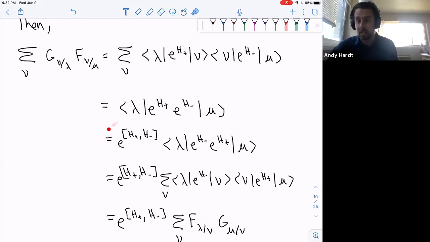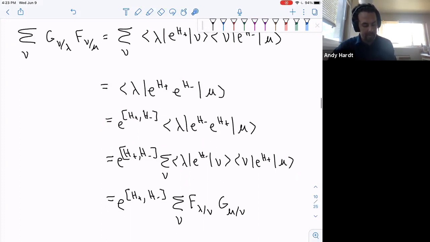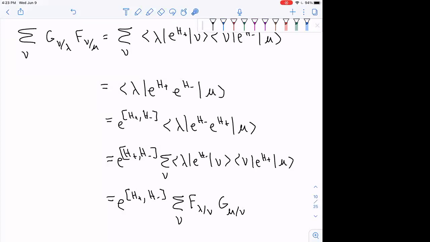This is very easy to calculate because we know the commutation relations of the current operators. So we do this commutation, and then we do these two steps in reverse, and at the end, we have this factor, which often becomes a product, times this sum where now the nus have switched from the G's to the F's, and the lambda and mu have switched as well. So this is a skew Cauchy identity in several forms.